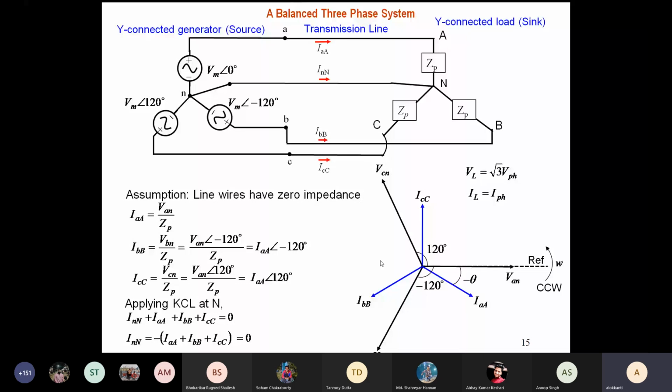If there is an unbalance, then it provides a path for that unbalanced current to pass. But for this course, we will not consider unbalanced.